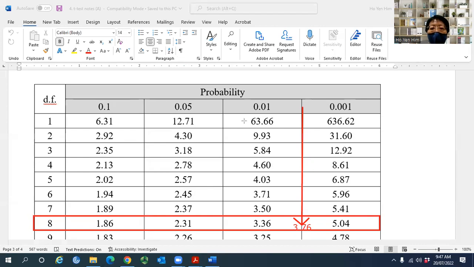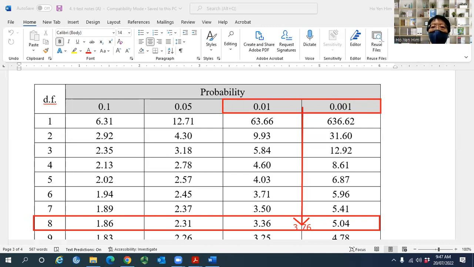The probability of mean of A equals mean of B is between these two. After I found out the probability, I can do the conclusion already. The probability here is between 0.001 and 0.01.